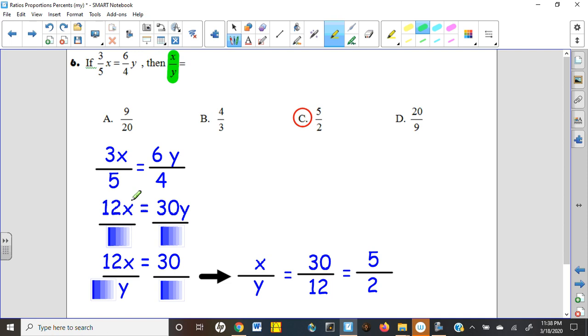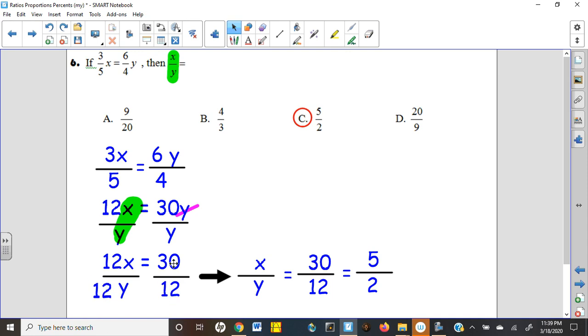So I want to keep the x up top, but I want this y right here to go away. So let's divide by y. See, now I have x over y, right? That's what I wanted. So I just need to divide by 12 to finish this problem. And 30 over 12 reduces to 5 halves, and that's your answer, C, 5 halves.